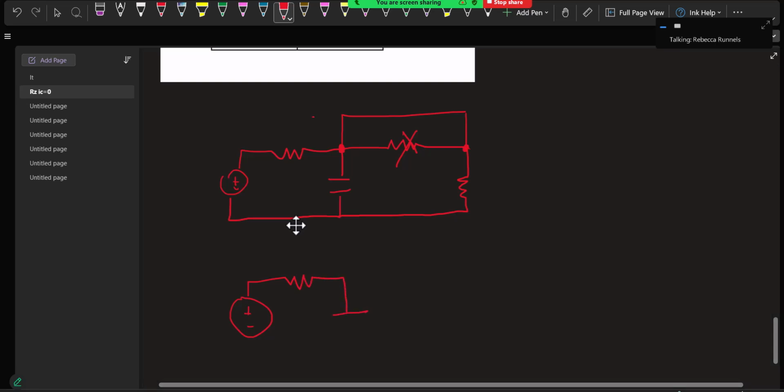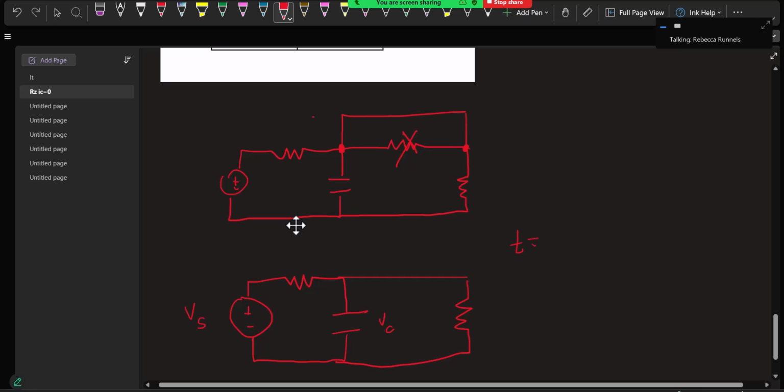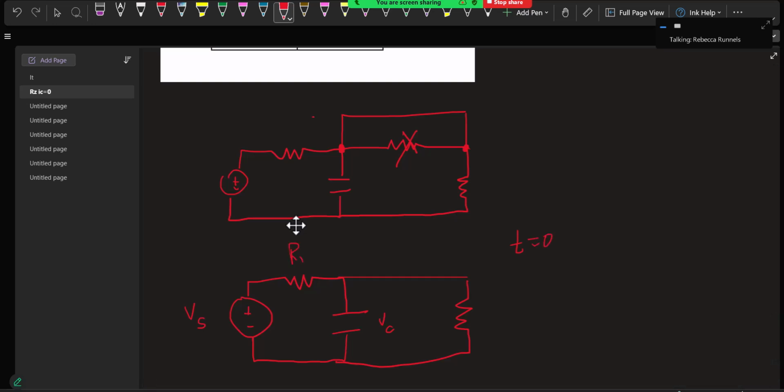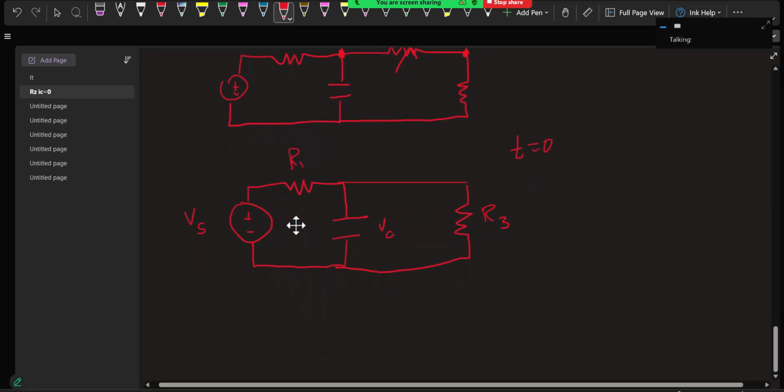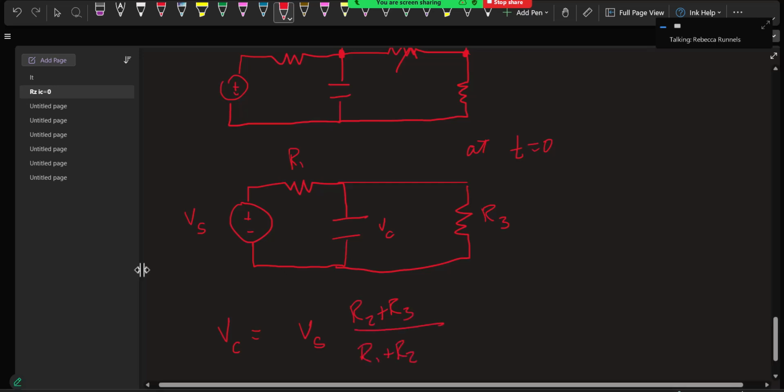And remember, our capacitor was charged up with whatever charge it had. It had some charge that we calculated. So right at t equals 0, it looks like this. Now, at t equals 0, our voltage on the capacitor still has to be this, because it can't change instantaneously.